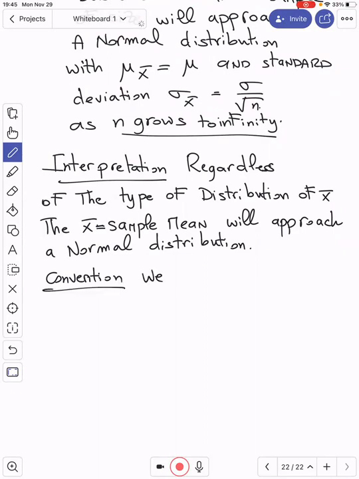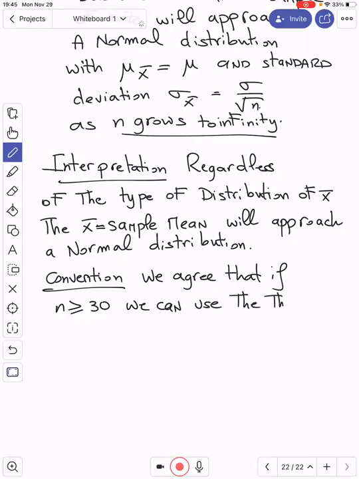So let's agree that if n is 30, we can use the theorem.